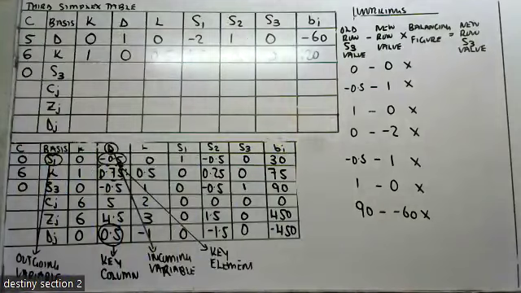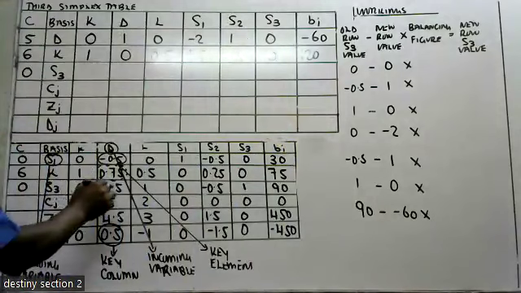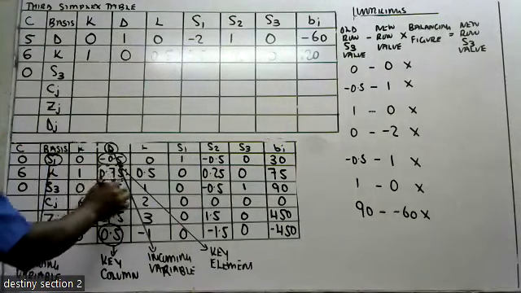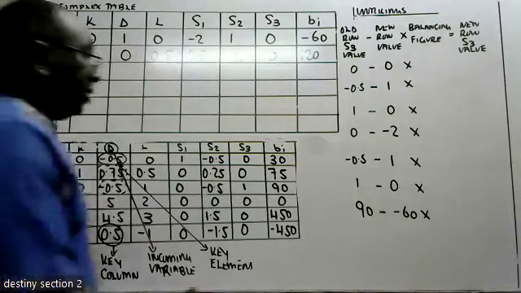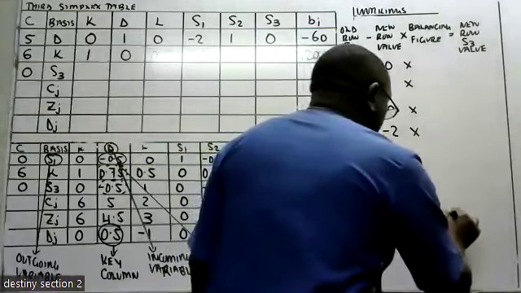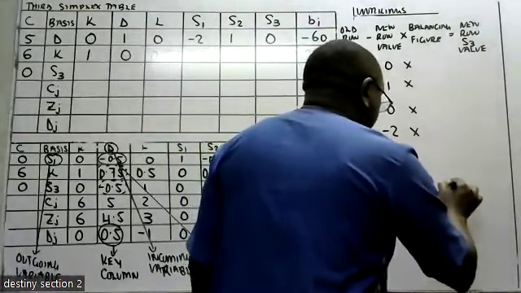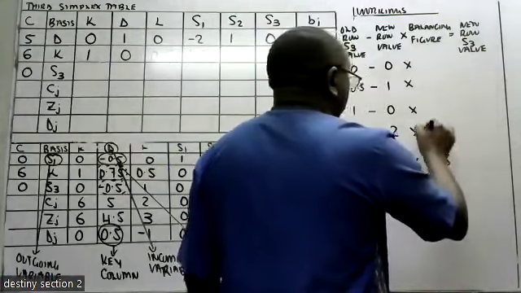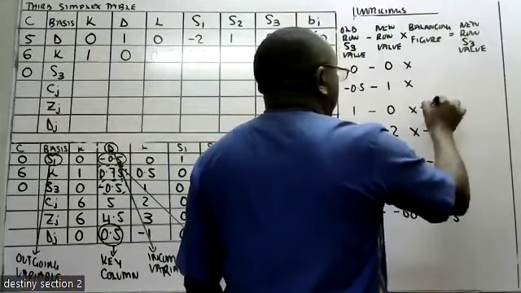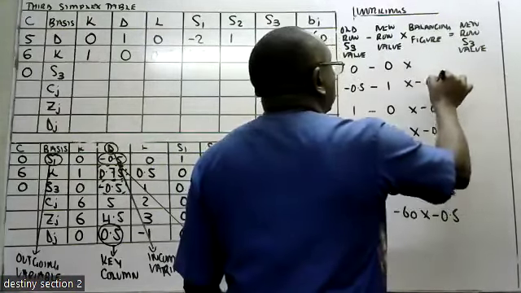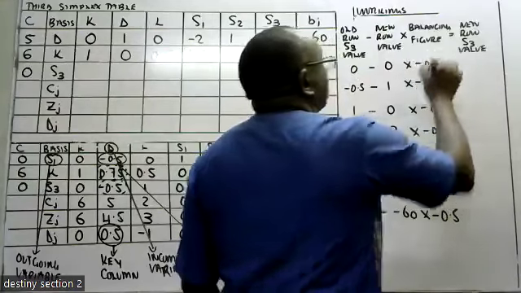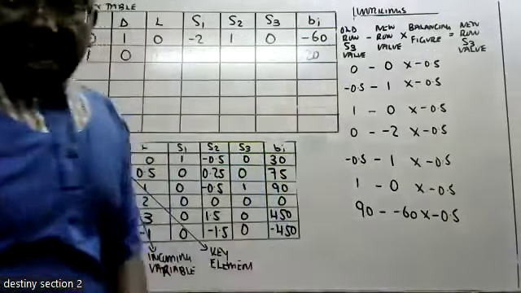And the balancing figure is the value at the intersection, which is this one, minus 0.5. So times minus 0.5. So we get those answers.